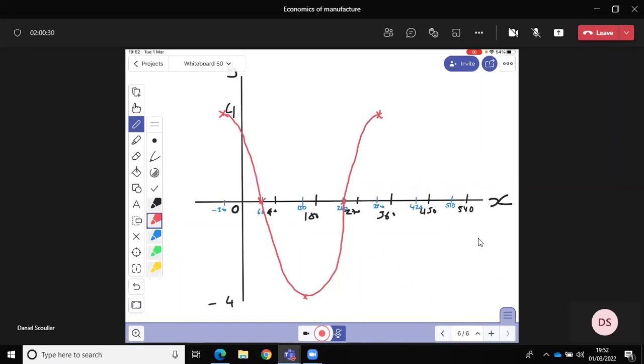Now, it's asking us to continue. Because it's asking us to continue, those milestones start again. So we've got at 330 a start point. Our next milestone, moving by 90 degrees, is where it's cutting the x-axis.